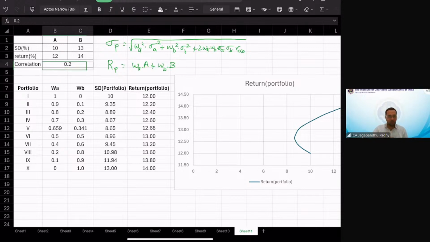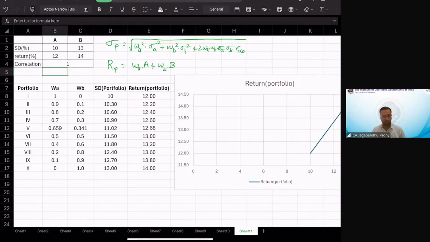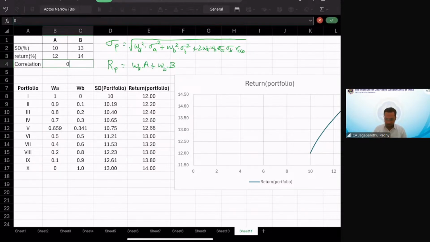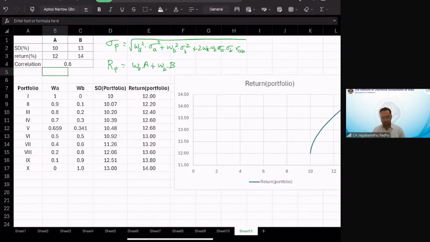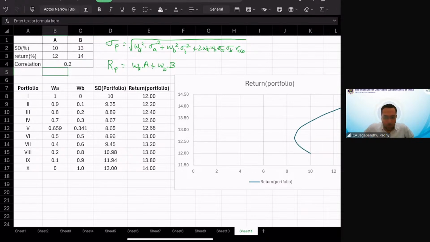No, it's not at all possible, because if we have 1, it's just a straight line. If it's 0.9, you still see some deviation. If it's 0.8, it shifts further. If it's 0.7, it shifts again further. If it's 0.6 or 0.5, it shifts again further. So we had originally taken it to be 0.2, and we were able to create a portfolio which was giving us a better return at a lower risk.